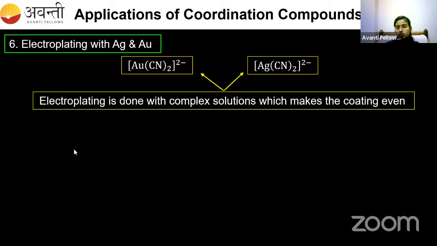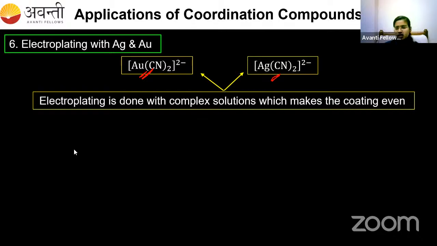Okay. So the electroplating is done with complex solutions like silver cyanide and gold cyanide. I mean, Au is gold, okay? Gold cyanide and silver cyanide, which makes the coating even. To prevent the corrosion and to make the coating even, they do this electroplating process, which is done with this type of coordination complex. All right.